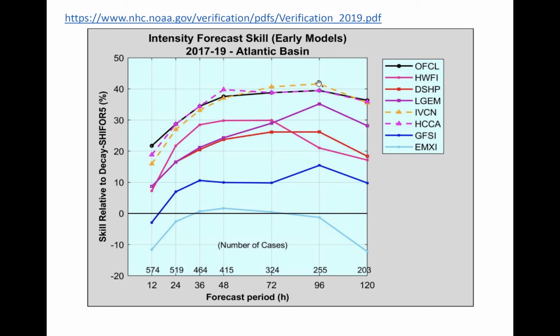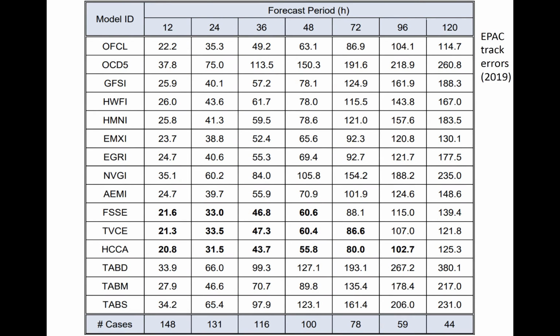The black line is the official forecast verification. Still, the average error of the best consensus intensity forecast at 5 days was 20 knots.